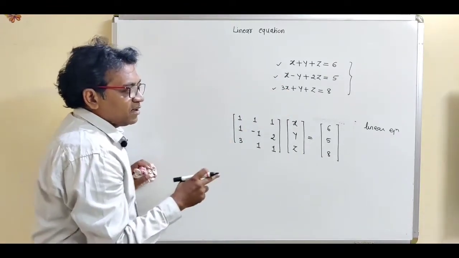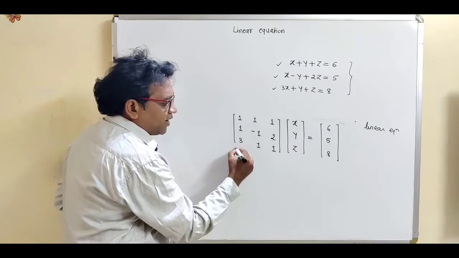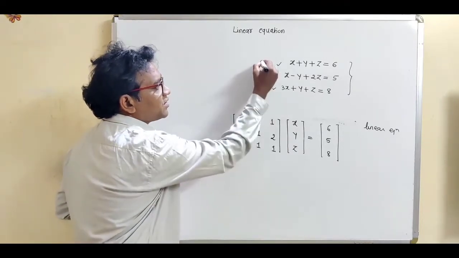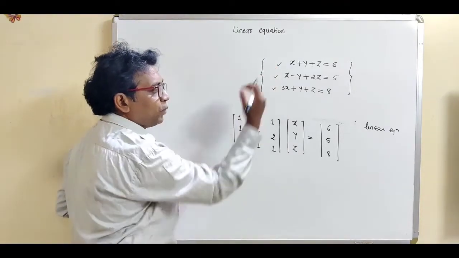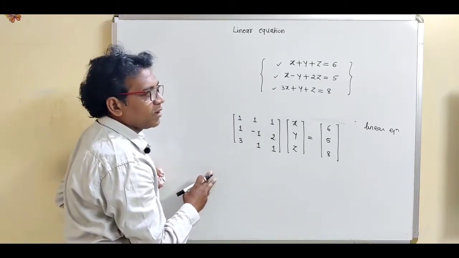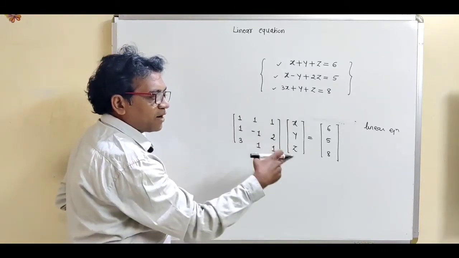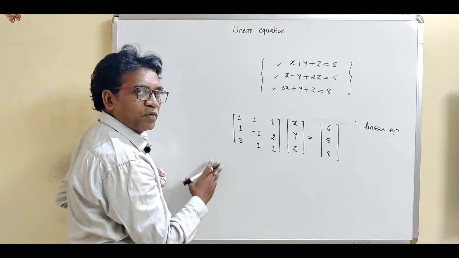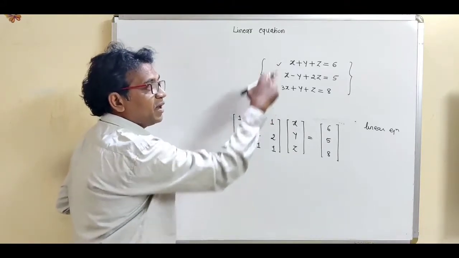So obviously this matrix equation and this system of linear equation are the same. If we find this product, we get the same linear equation.